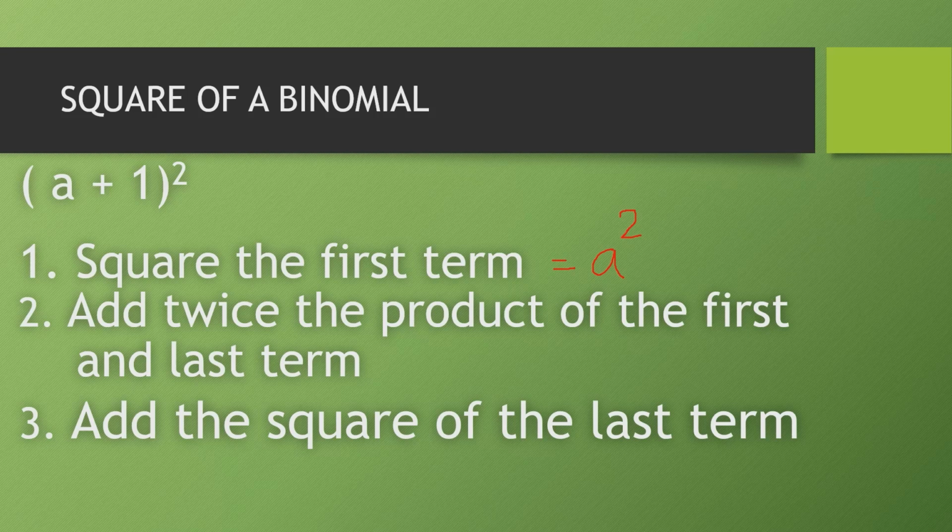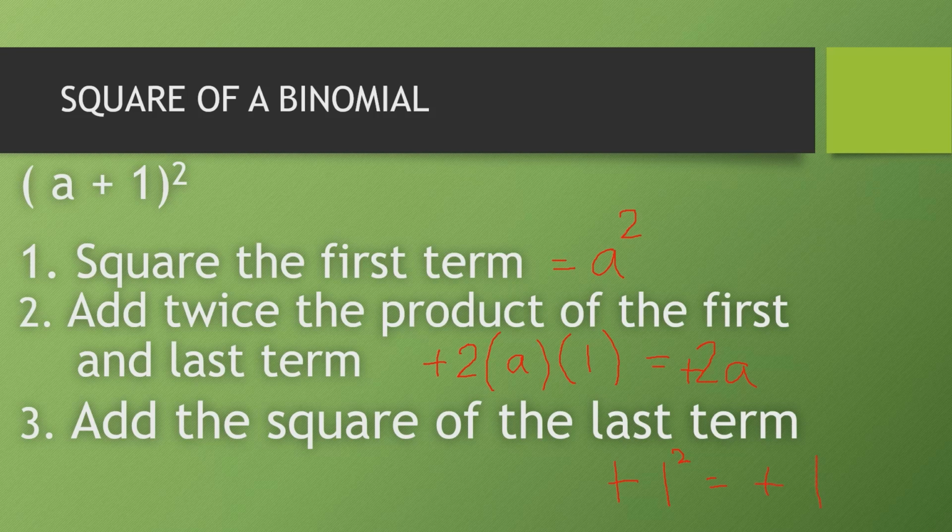Then add twice the product of the first and last terms. Our first is a and our last term is 1. Meaning, plus 2 times a times 1, that is 2a. Then plus the square of the last term. The last term is 1 and the square of that is 1.